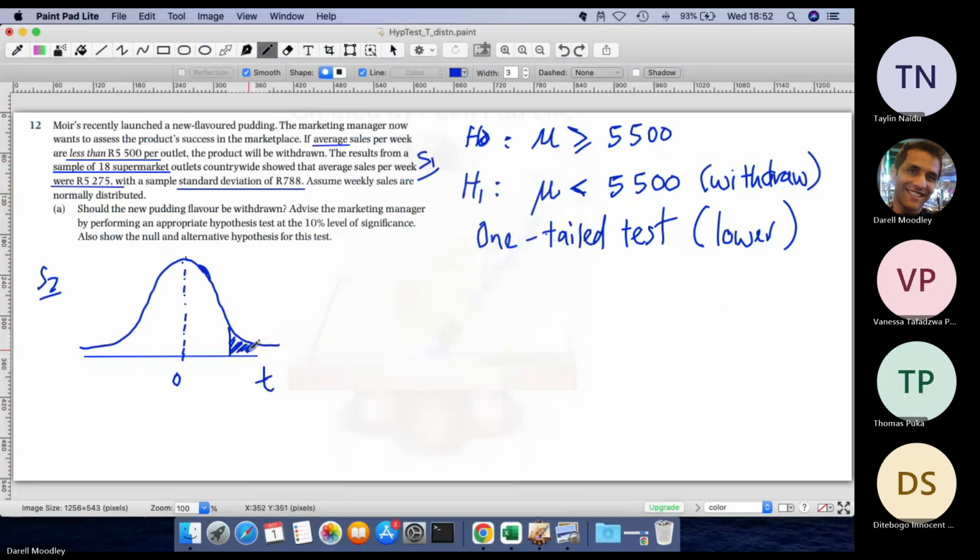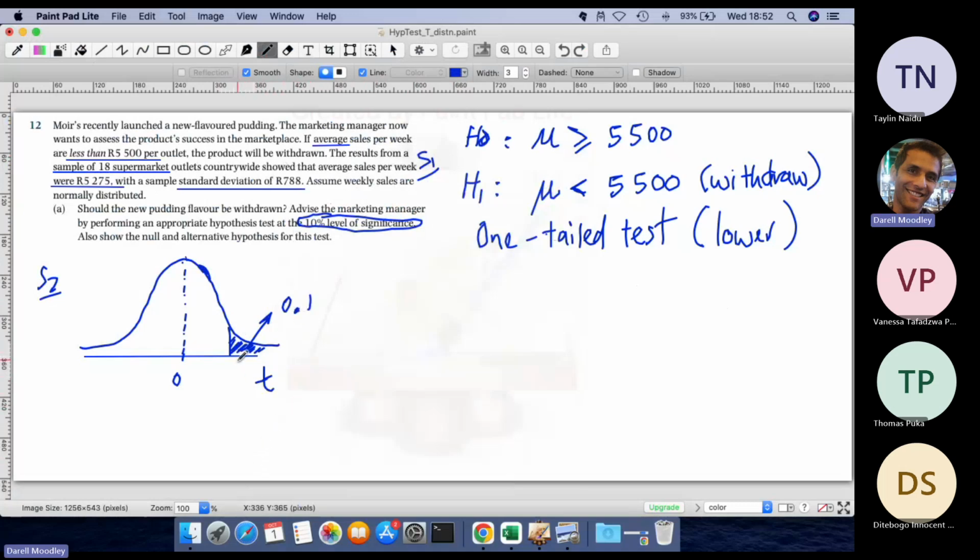How do I know the size of that area? That's your level of significance. If you read the text, there's your level of significance here: 10% level of significance. 10% is the same thing as 0.1.